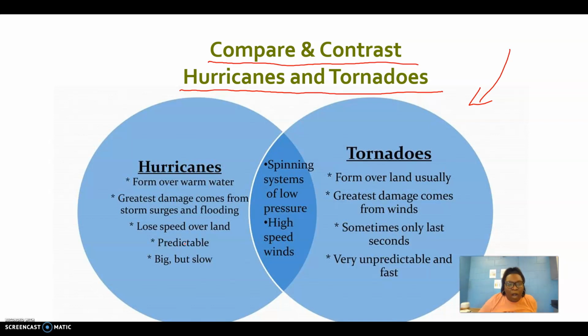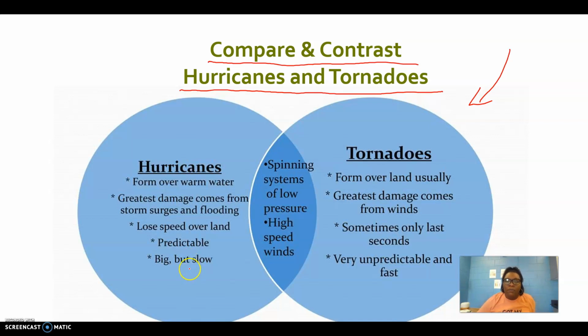So when we're looking at hurricanes here, they form over warm water. The greatest damage here comes from storm surges and flooding. They lose speed and power over land. Hurricanes are predictable, okay? And they're big and they can last for days.